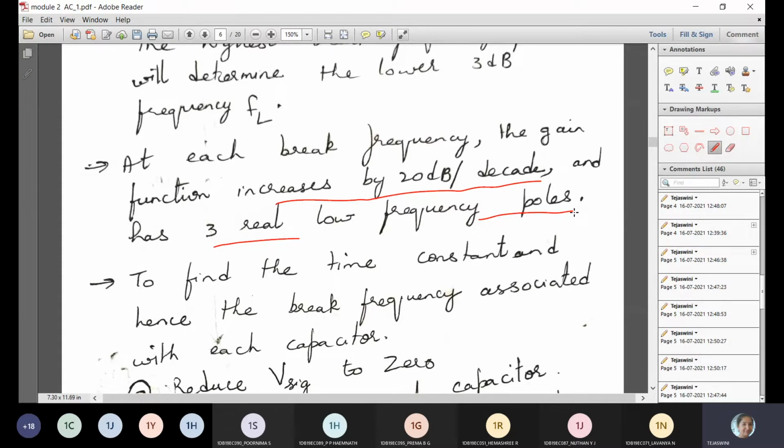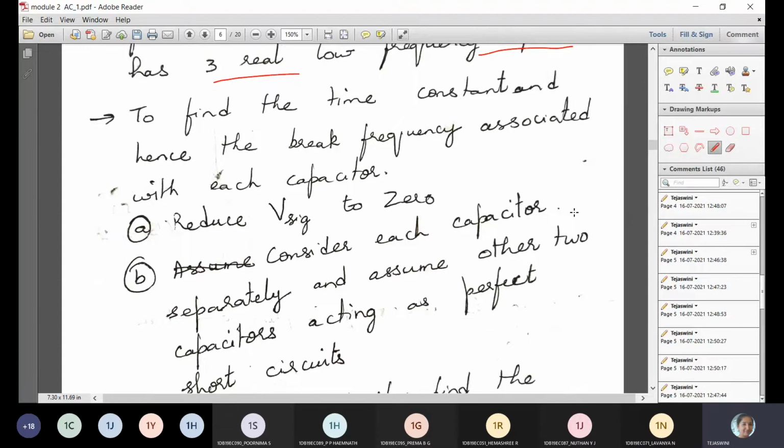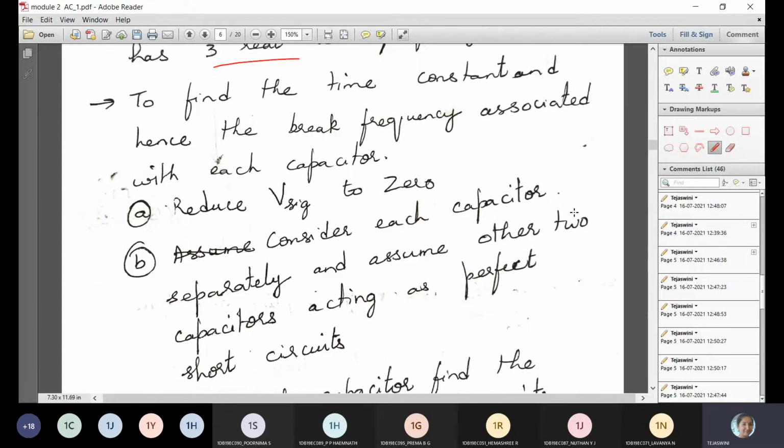Before that, you should know the procedure to find a time constant. Once you find the time constant, we can find the break frequency. These break frequencies are associated with the capacitors. So we have here 3 capacitors, CC1, CC2 and CS, so the 3 break frequencies are associated with the 3 capacitors.